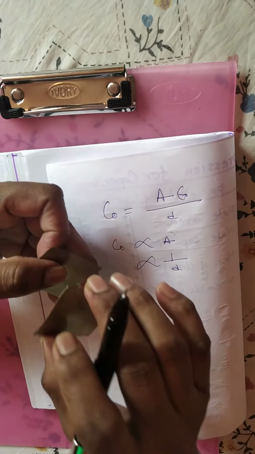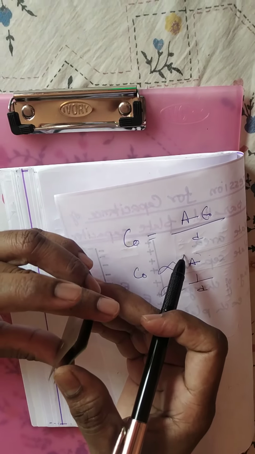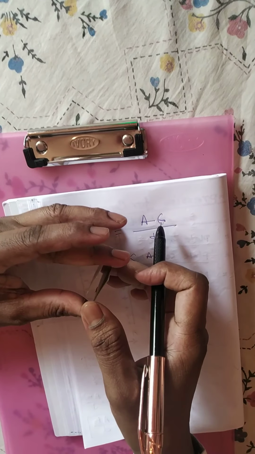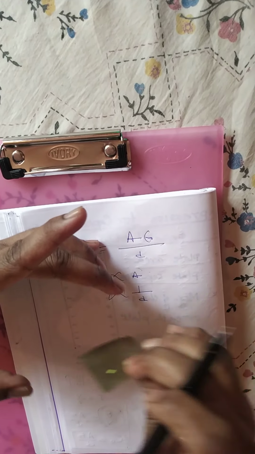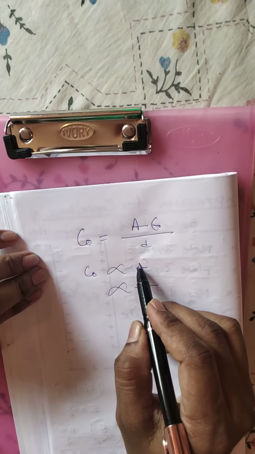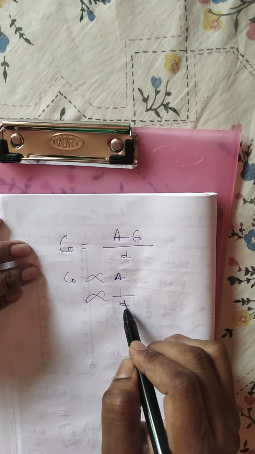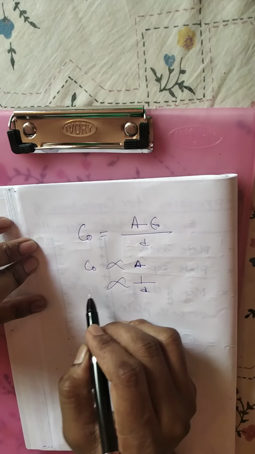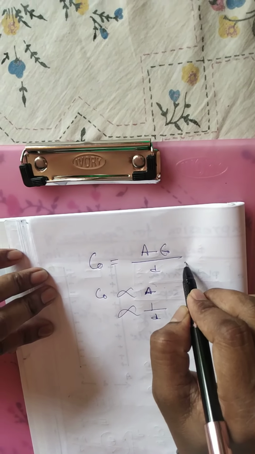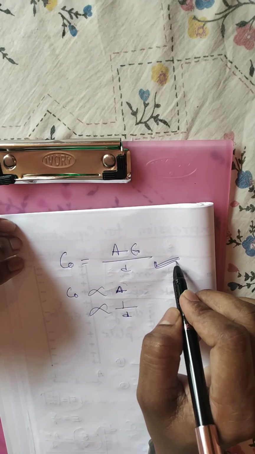If the separation is small, capacitance is more. If you increase the separation, the capacitance will be less. Okay. So if you make the area double, capacitance will be double. If you make the distance between the plates double, then capacitance will be half. Okay. So this is what we have about the capacitance of a parallel plate capacitor.